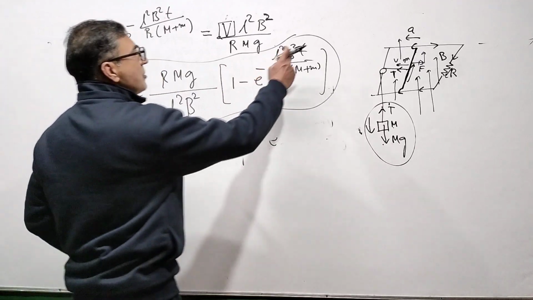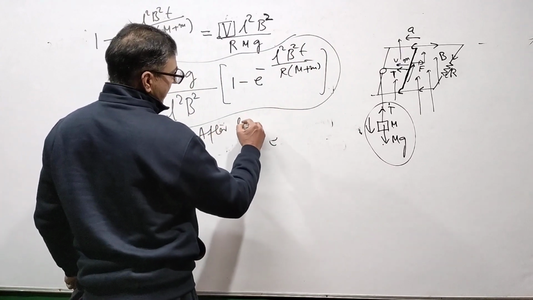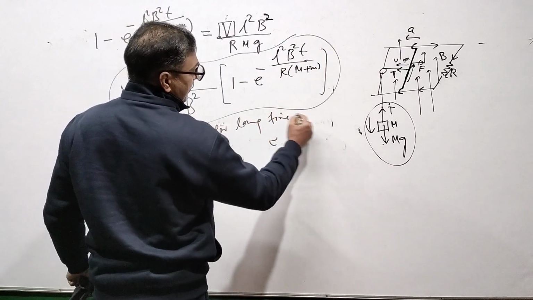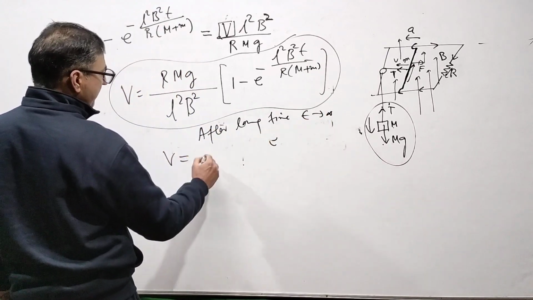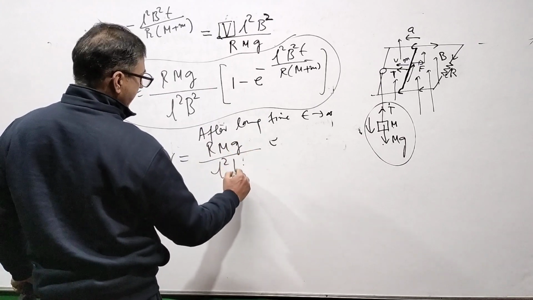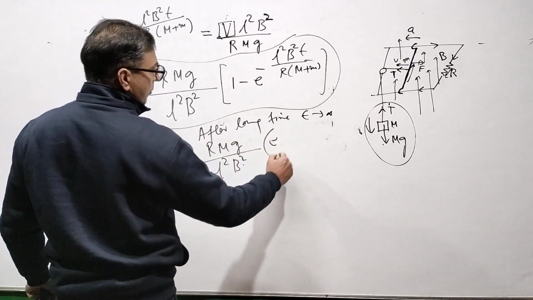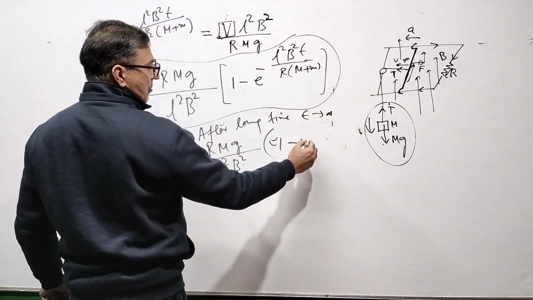But if t tends to infinity, after a long time, what is the velocity? V is equal to R mg divided by L square B square into 1 minus, as t tends to infinity, e raised to power minus infinity tends to 0.